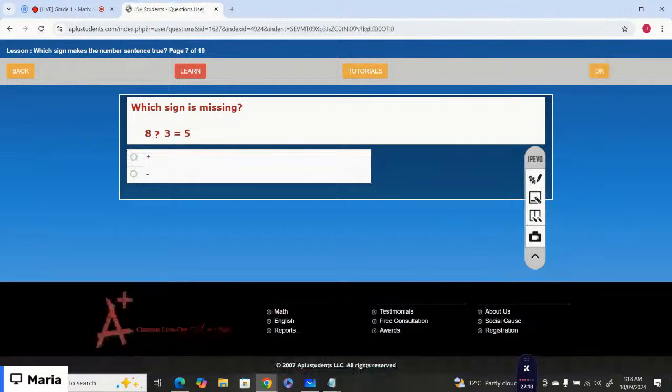Which sign is missing? 8, missing sign, 3 equals 5. You have to add or subtract, which is the correct option?